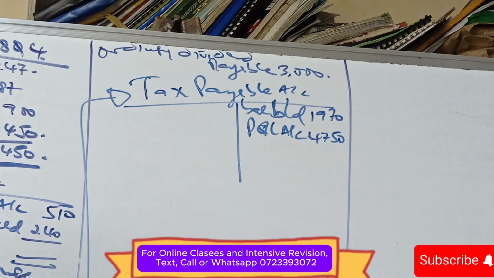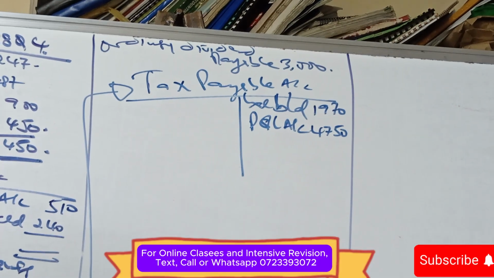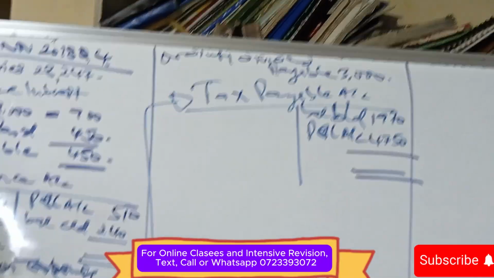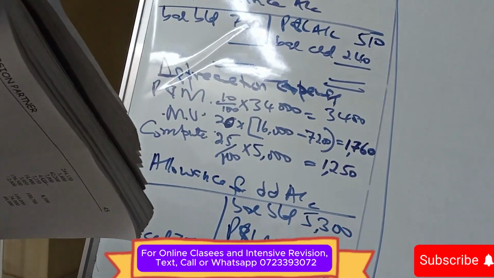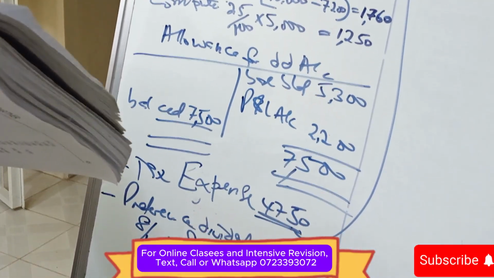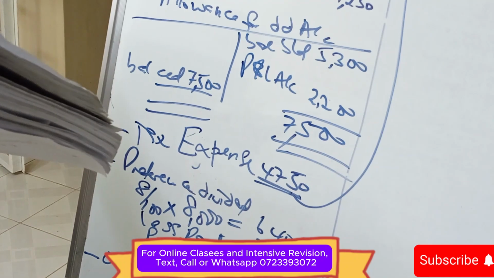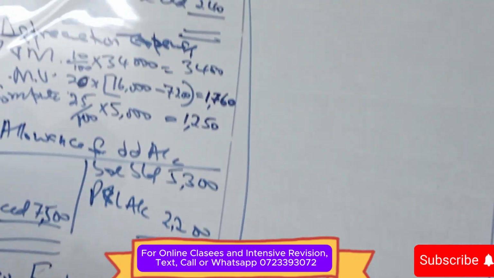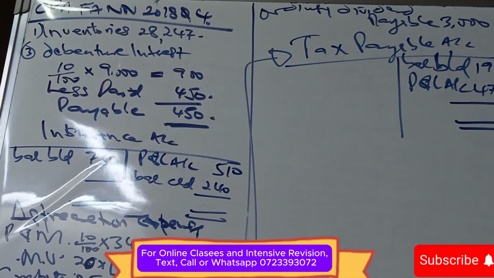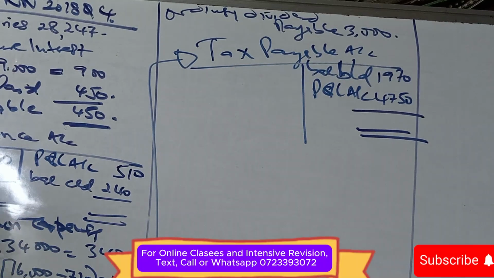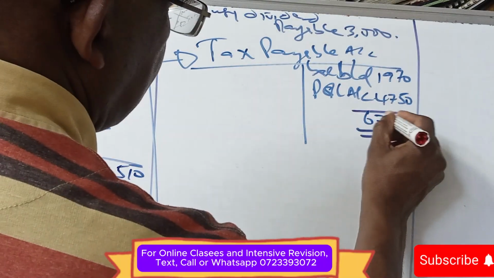I will call this one tax expense, not tax payable. So we add the two to get the tax payable in the balance sheet: 1970 plus 4750 gives a figure of 6,720.